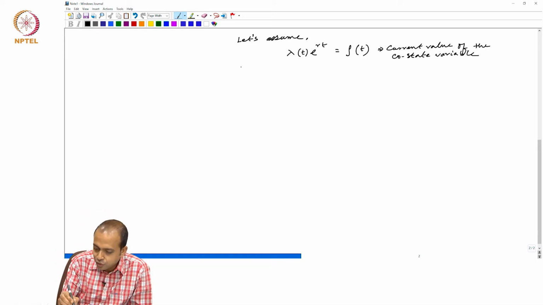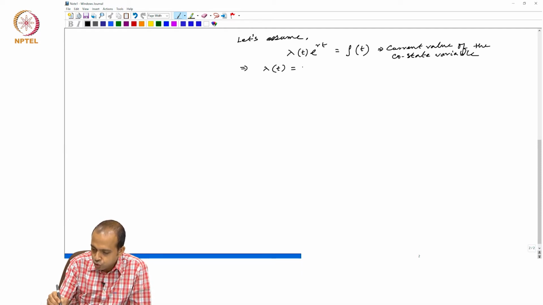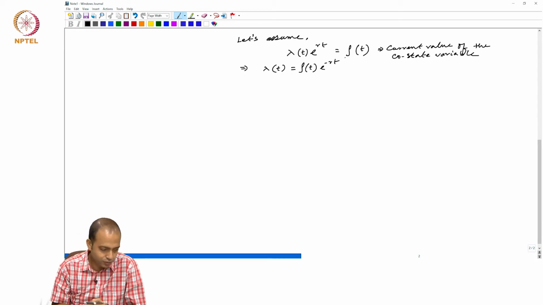So, from here what we can say that means lambda t basically equals to rho t into e to the power minus r t. Okay.